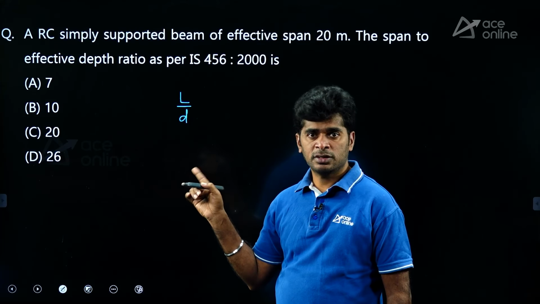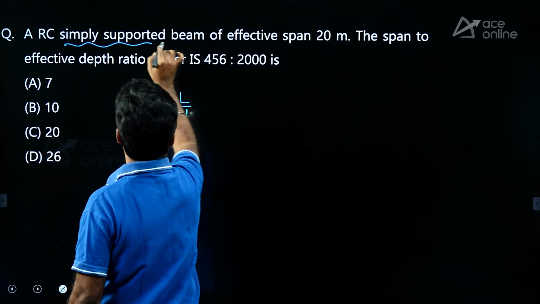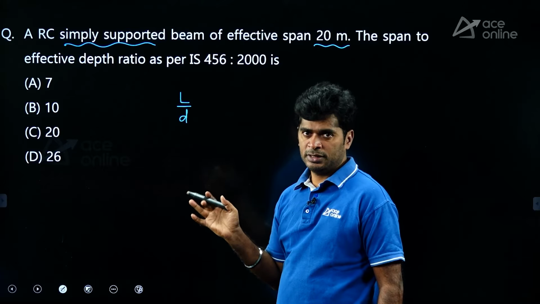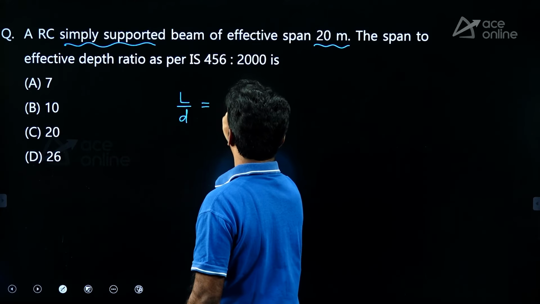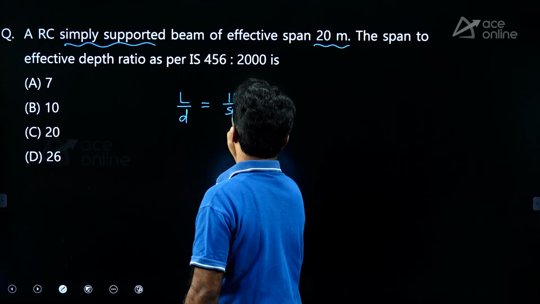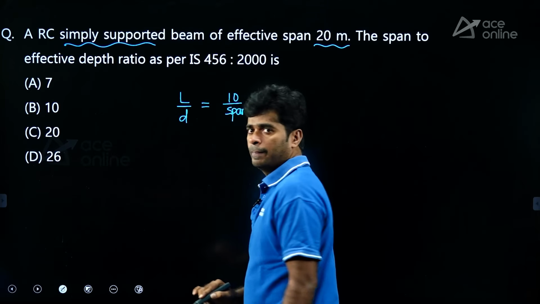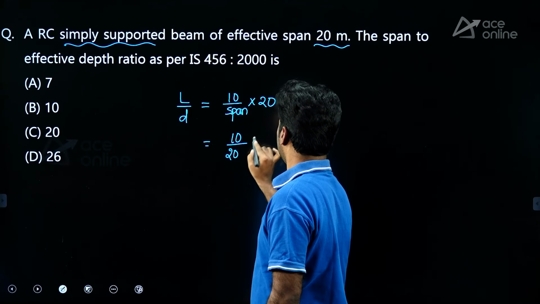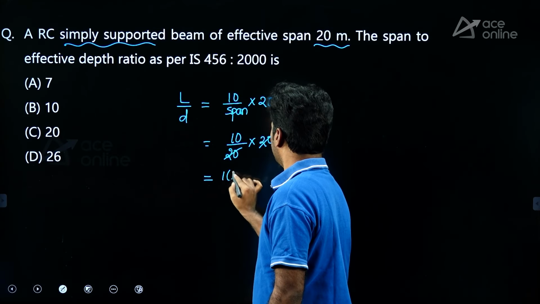Here the given beam is simply supported and the given span is 20 meters. It is more than 10 meters. If it is more than 10 meters, L by D value is 10 upon span into 20. Here the span given is 20 meter. 20 into 20, so 20 cancels. L by D value we get is 10.